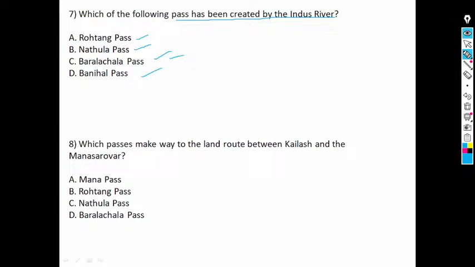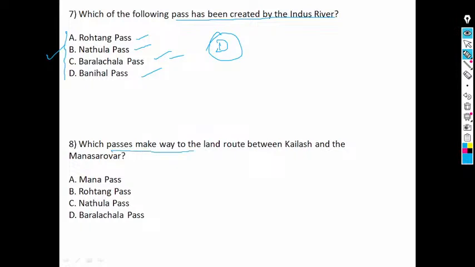The answer is D, that is the Banihal Pass.